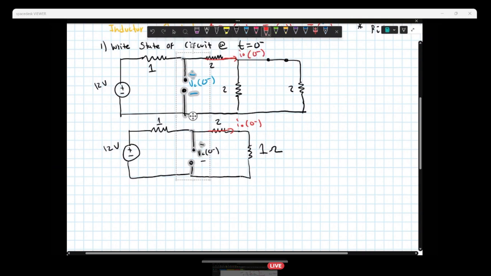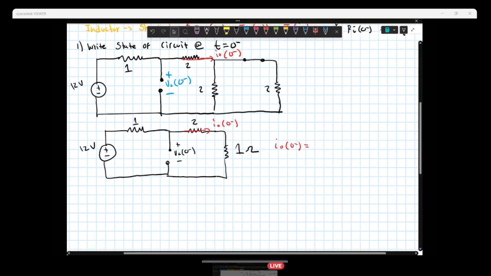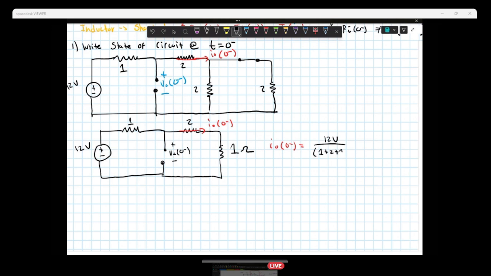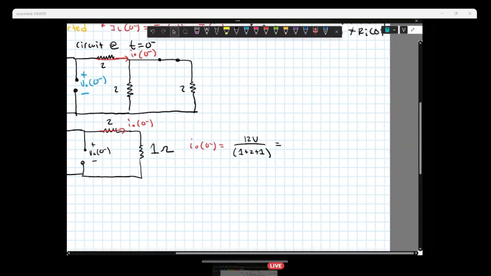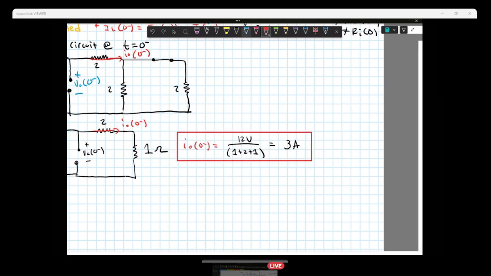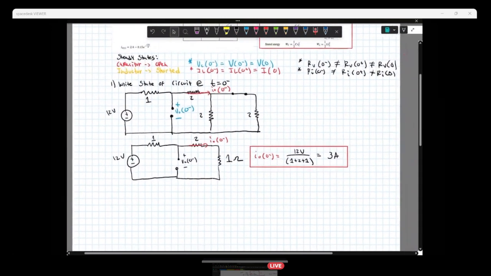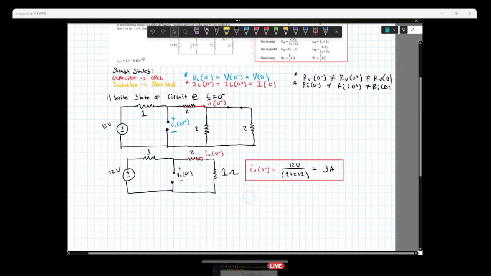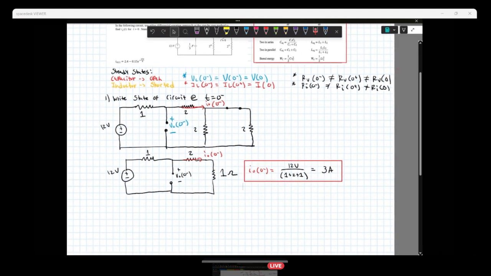So for I0 at 0 minus, it's just going to equal 12 volts over 1 plus 2 plus 1, which is equal to 3. We have that. Now for this voltage, we're gonna have to do KVL at the middle. Let me see.